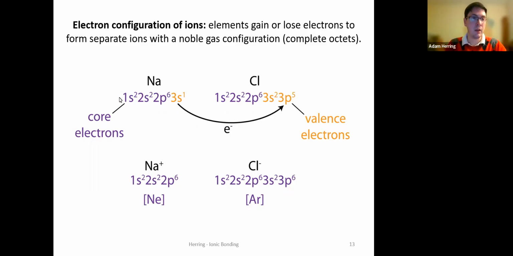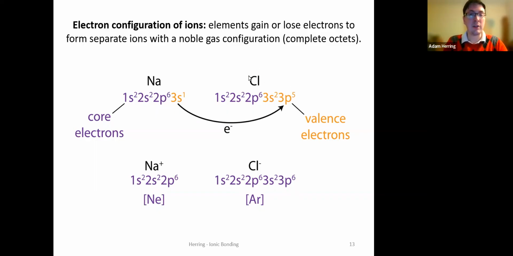Sodium, for example, has the electron configuration 1s2, 2s2, 2p6, 3s1. That final electron in the valence shell of sodium will tend to get lost and given away to other elements, nonmetals specifically.